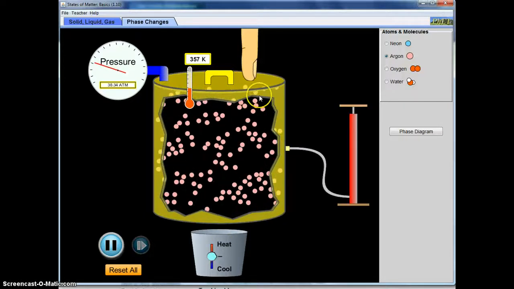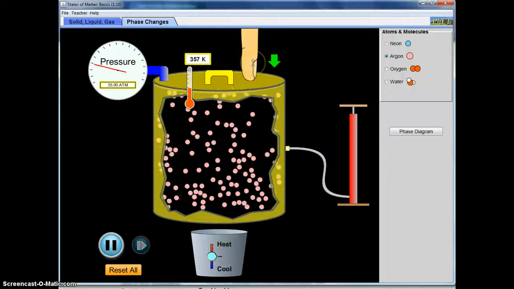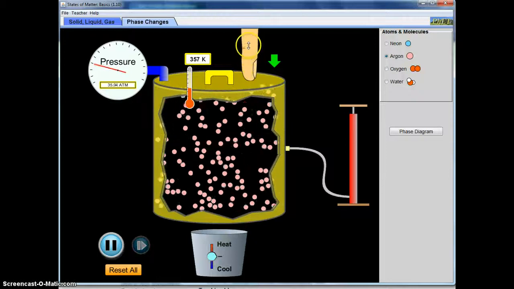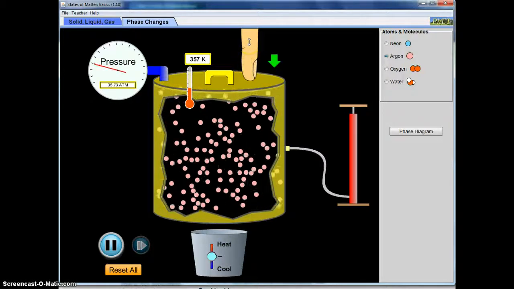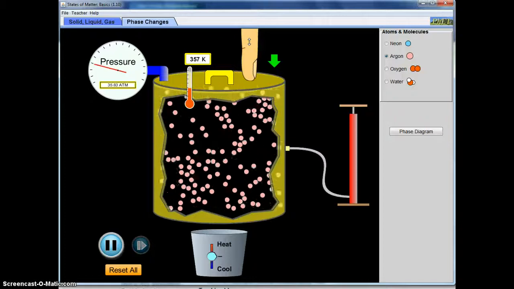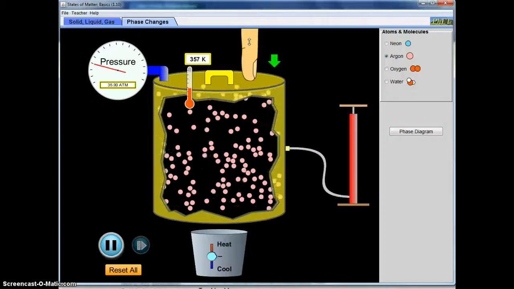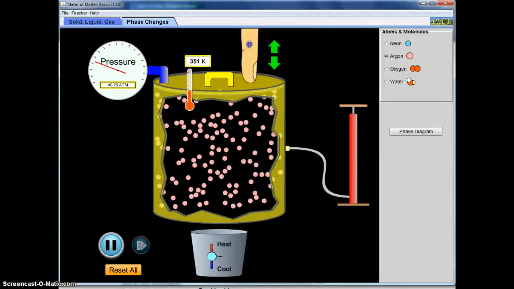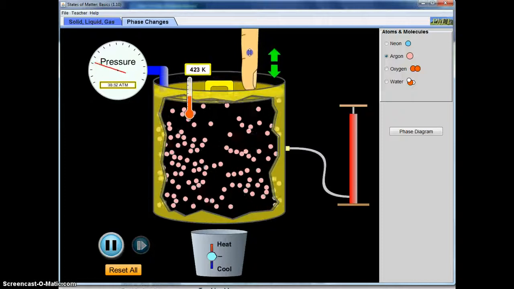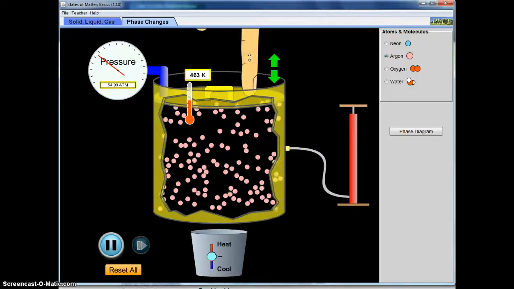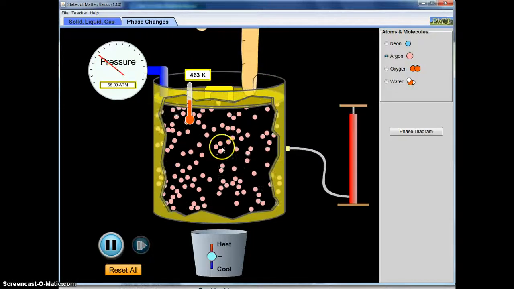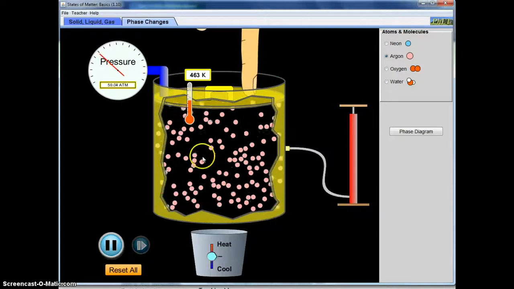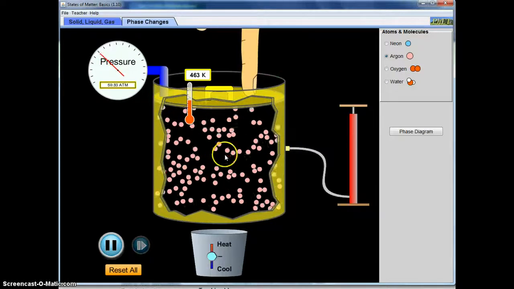All right. Now, the third option in this really cool animation is this finger. What I can do is make the container smaller. When we reduce the volume of space that holds these atoms, then logically these atoms are going to bounce a lot more because they have a lot less room.